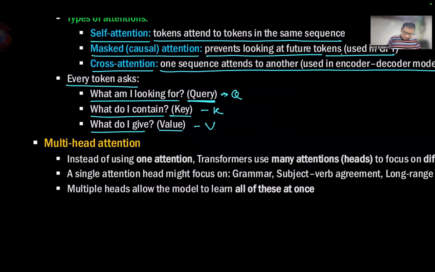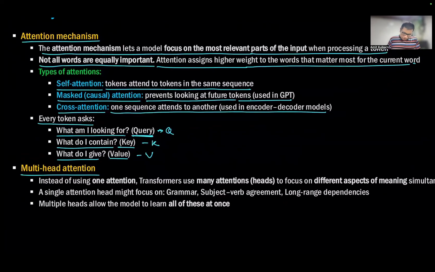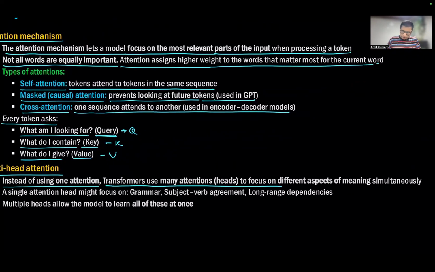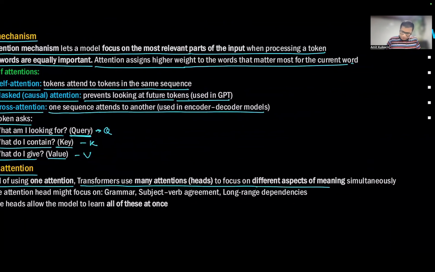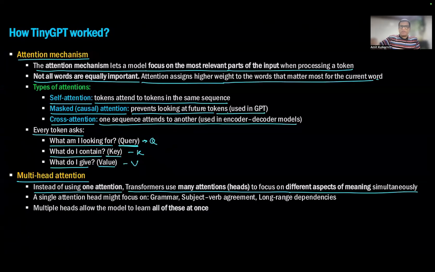This is what we call multi-head attention. More on that next week. We'll understand multiple parts or multiple meanings of the sentence at once, in parallel. So instead of using one attention, the transformer may use multiple attentions or multiple heads to focus on multiple aspects of the meaning simultaneously. We can understand the syntactic meaning, or semantic meaning, or maybe the subject-word relationship, and so on.